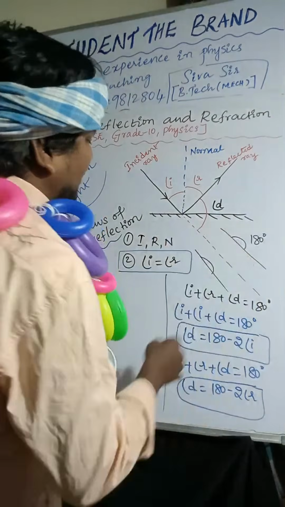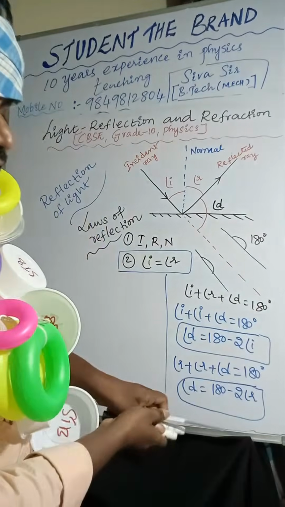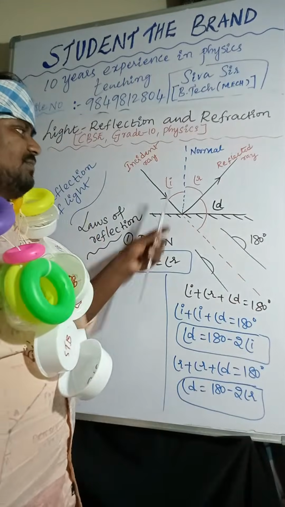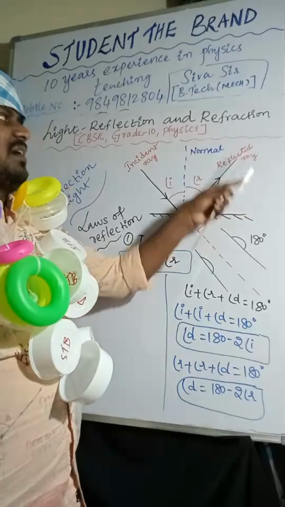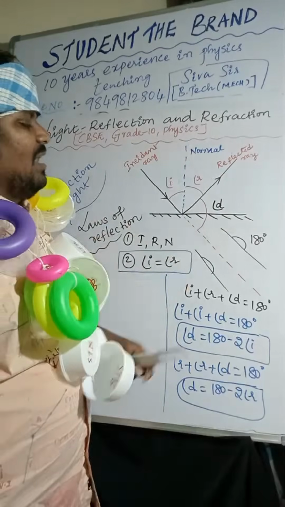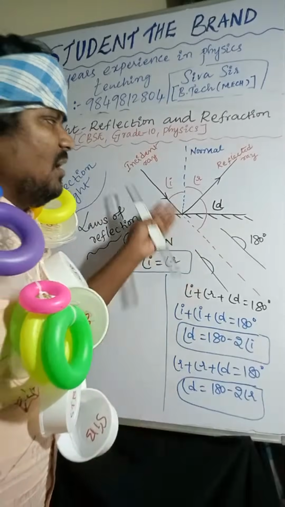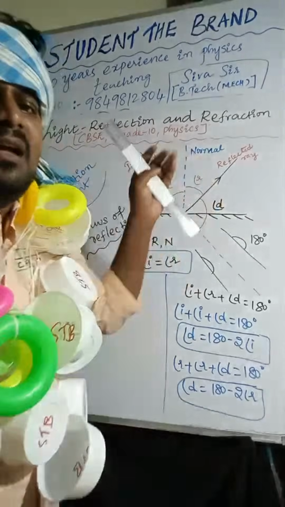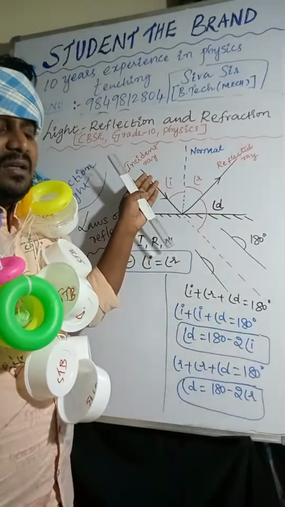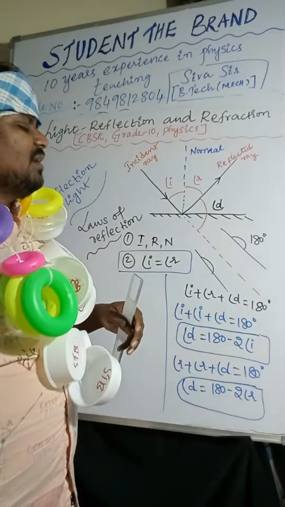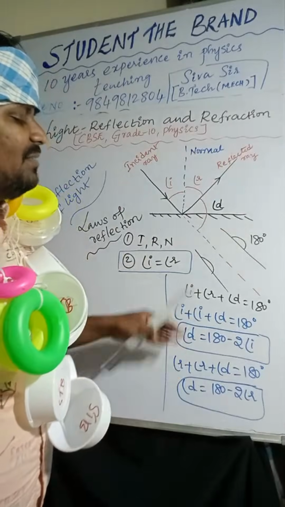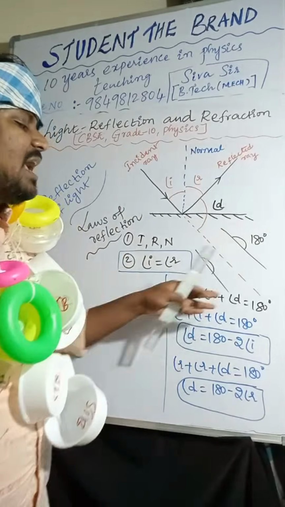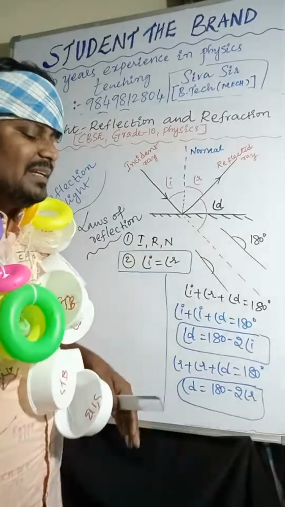Laws of reflection: the incident ray, reflected ray, and normal line lie in the same plane. The angle of incidence is equal to the angle of reflection. The linear angle is 180 degrees, so angle of incidence plus angle of reflection plus angle of deviation equals 180 degrees.